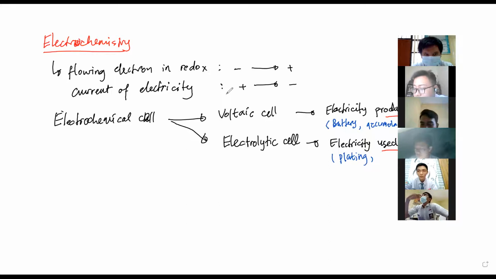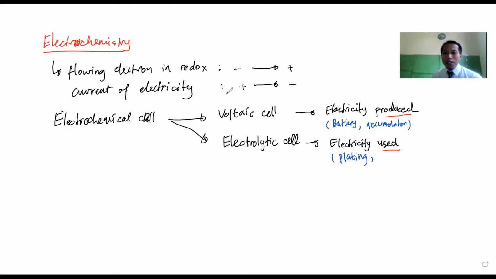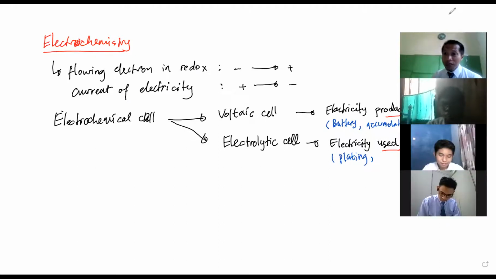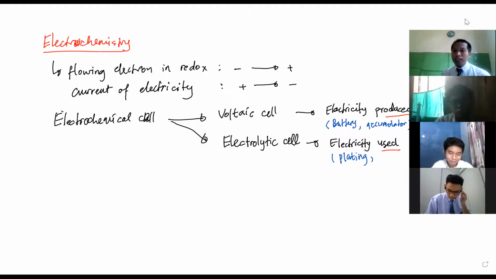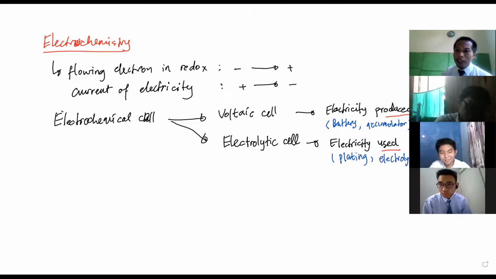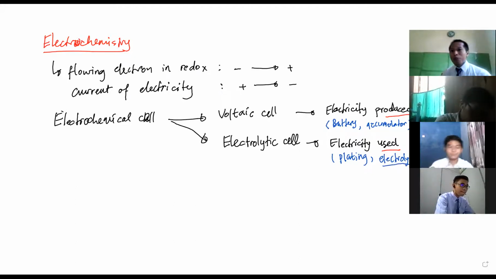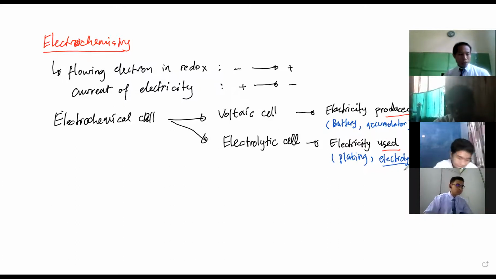So this is also one example of the electrolytic cell, because in plating you are going to use electricity. Also, for example, electrolysis, a very important process. We're going to see in detail about electrolysis later at the end of this chapter.